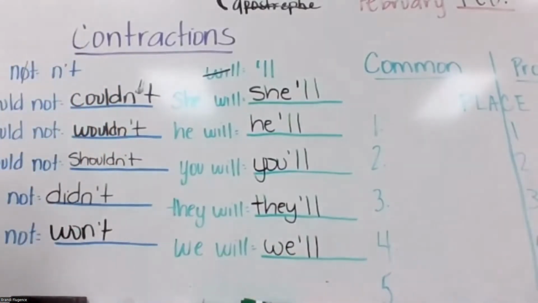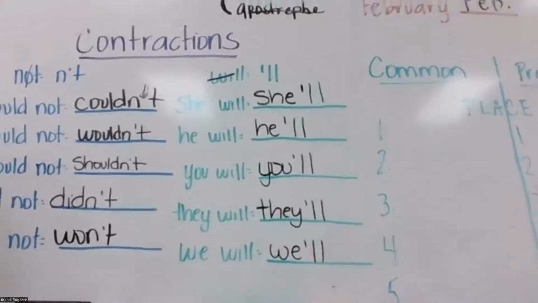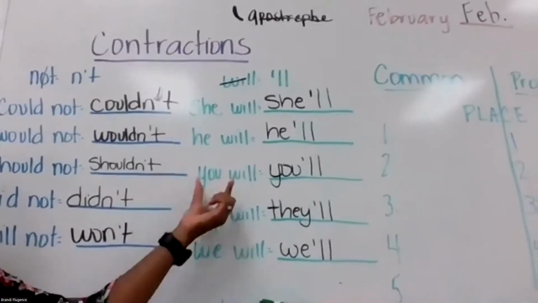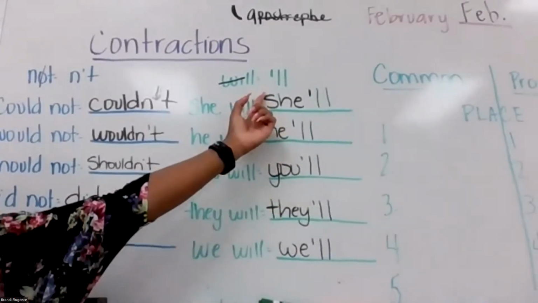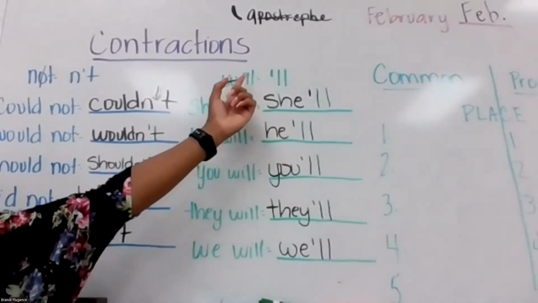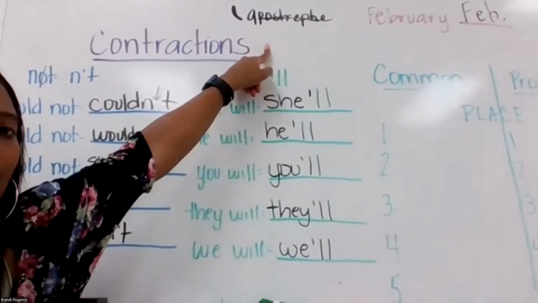So these are contractions. It's a shorter way to say two words at the same time. What you're doing is you're putting the two words together, but you're taking out some of the letters like we just did with will. We took out WI and you replace it with an apostrophe to show that you took out a letter.